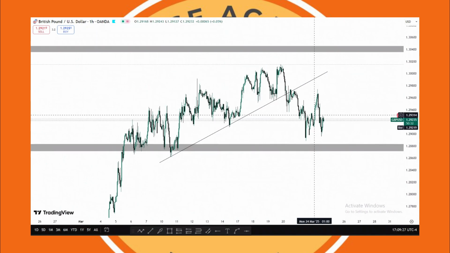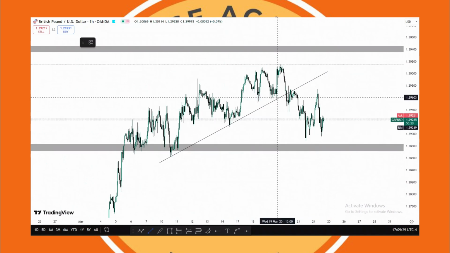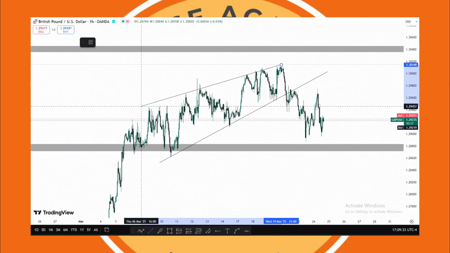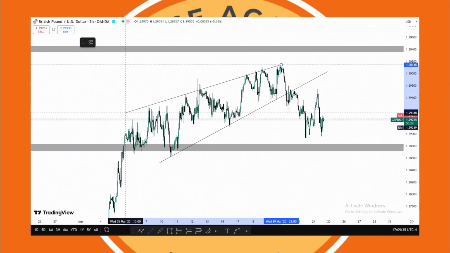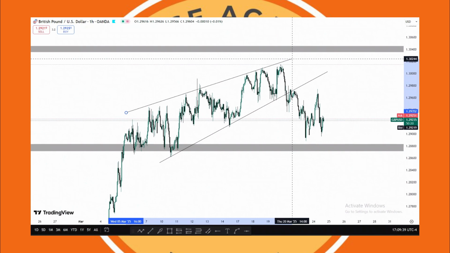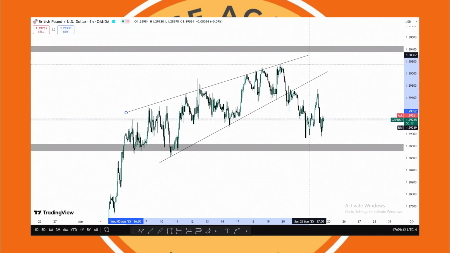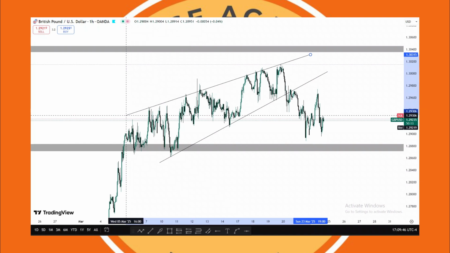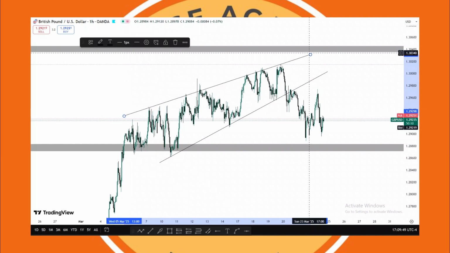Okay, I'm gonna use that one. And then I think, let me just follow up on this. Okay, so we have a rising wedge situation going on.